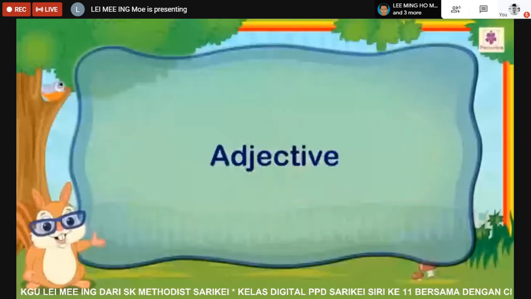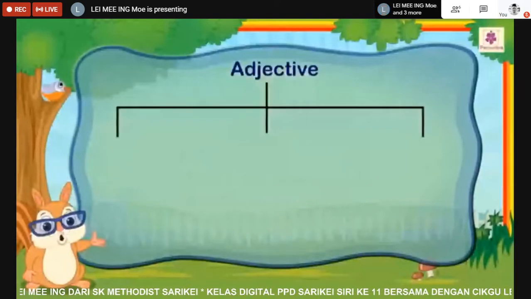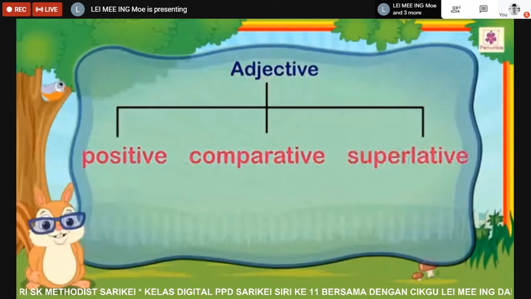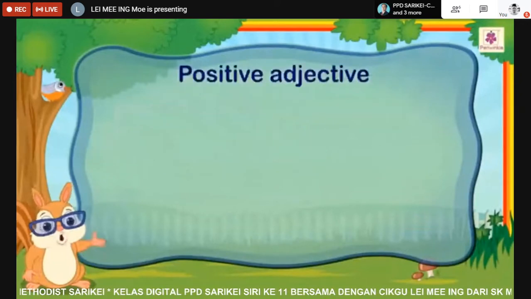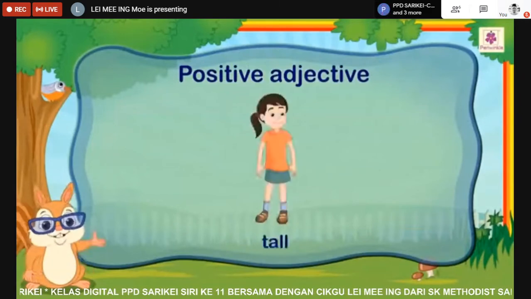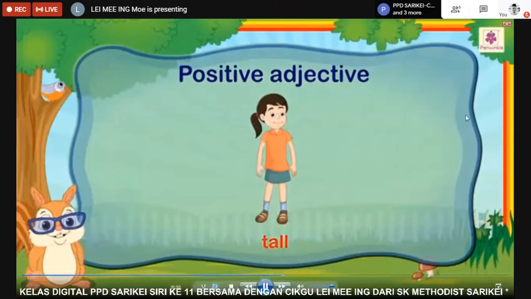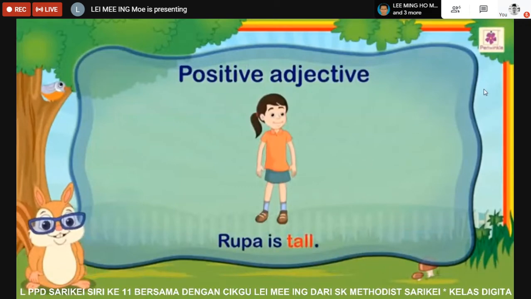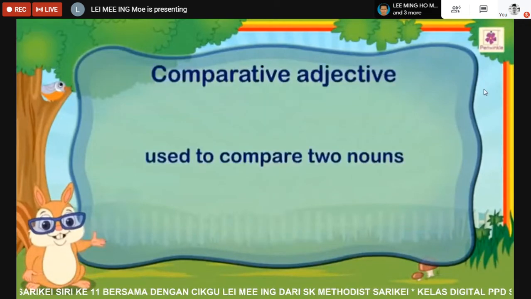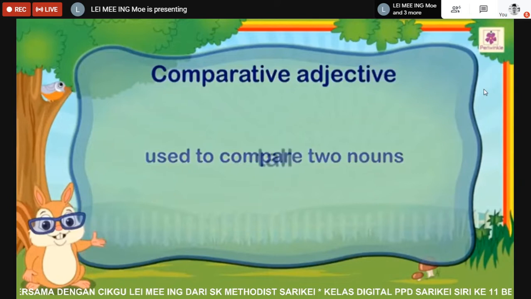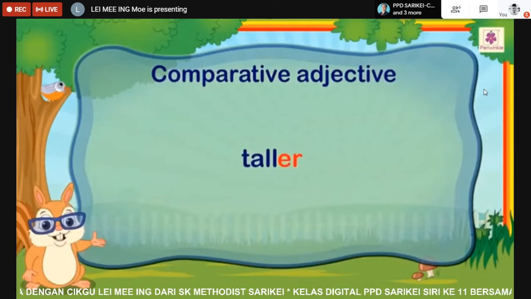An adjective has three forms: positive, comparative, and superlative. A positive adjective stands alone. For example, tall. Rupa is tall. A comparative adjective is used to compare two nouns. We usually add er to the adjective.